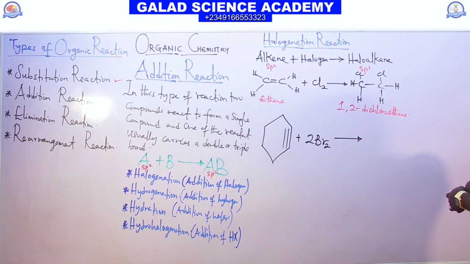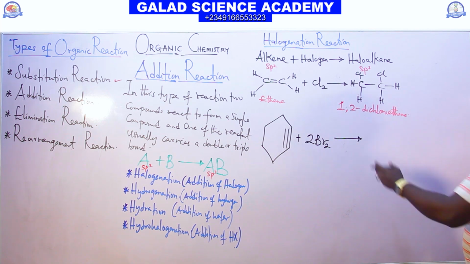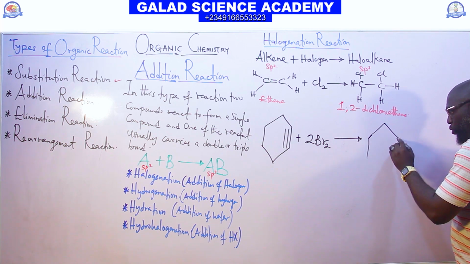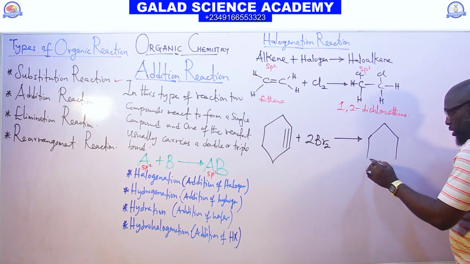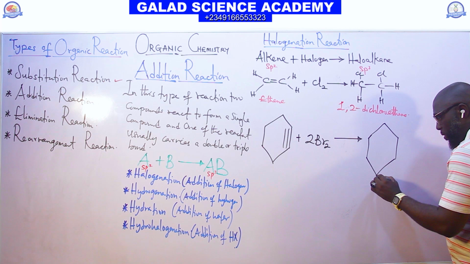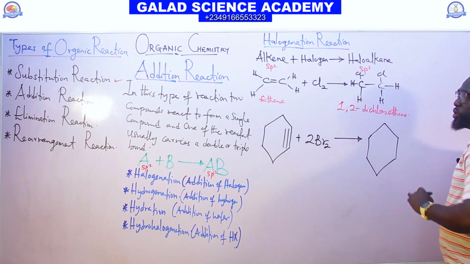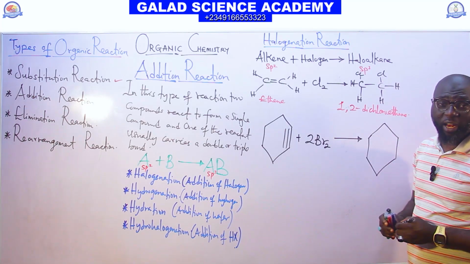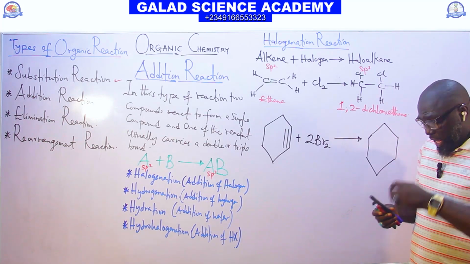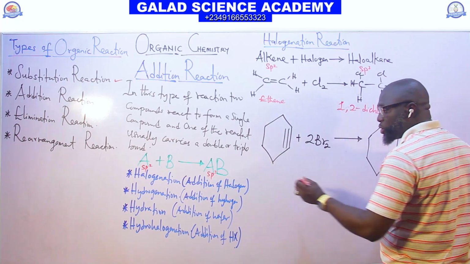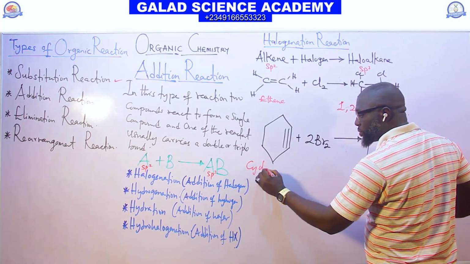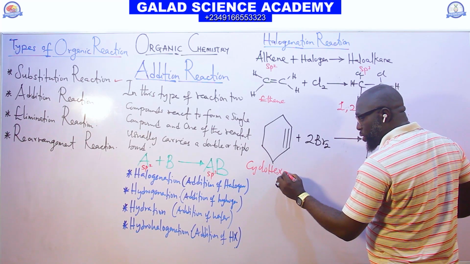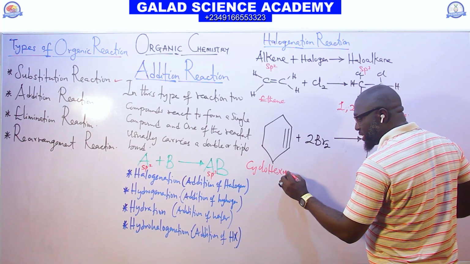We have 4 bromine at the end of the day. You know, this is a triple bond, and its name is cyclohexane, or you can call it cyclohexyne.